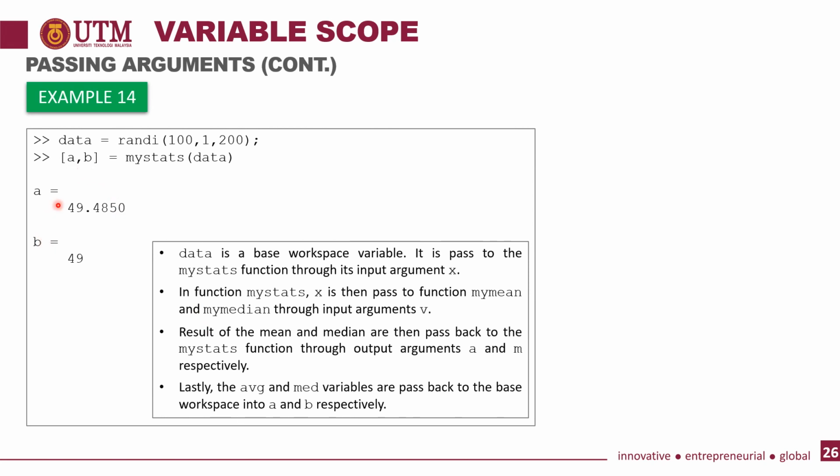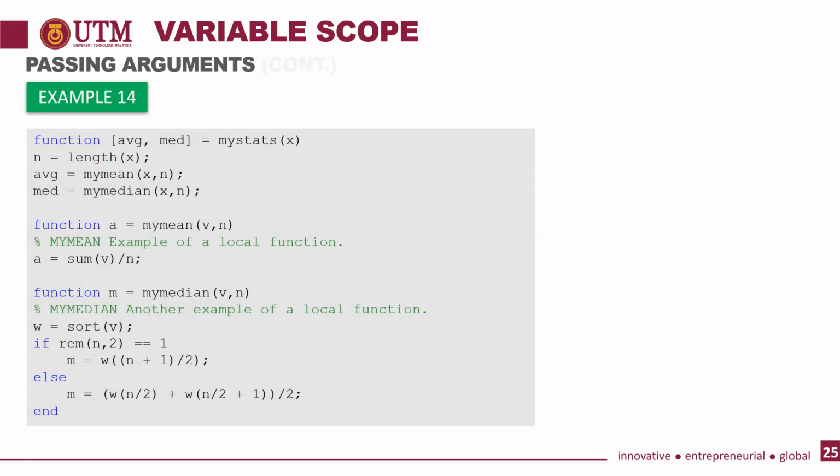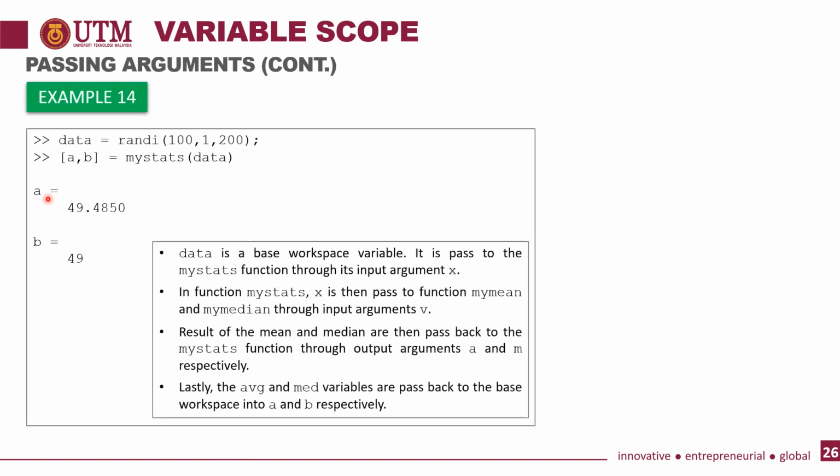So you initialize a variable in the base workspace and pass it to your function, and the function processes all of the data and returns the result that you want, which is a and b, where a represents the mean and b represents the median. So that is passing argument in variable scope.